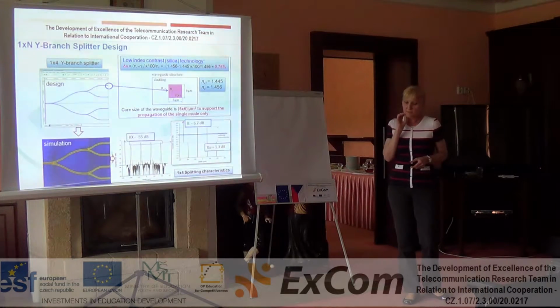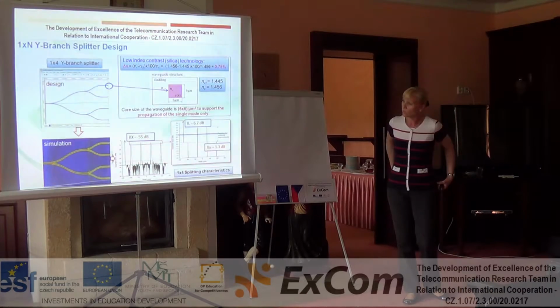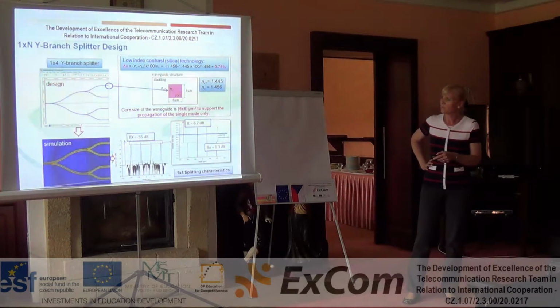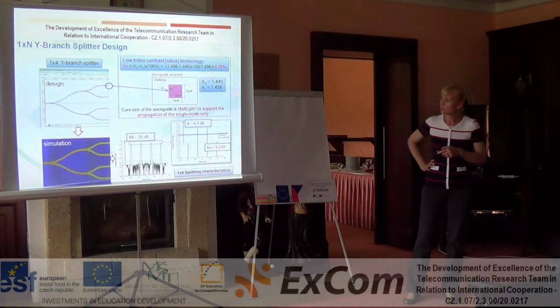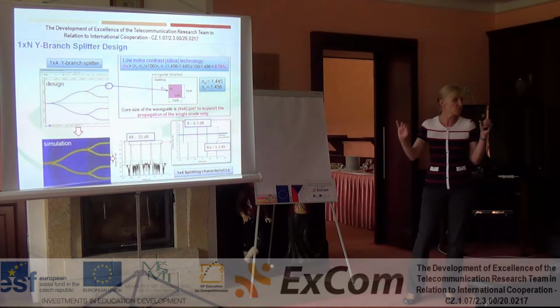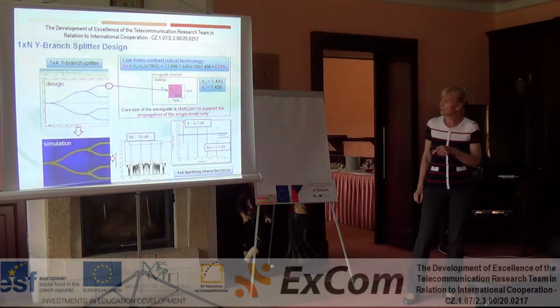On this slide, I would like to show you some first designs we made. This is a simple 1/4 wide branch splitter. As I mentioned, we used the same technology, low index contrast silica technology. So we had a core cross-section of 6 × 6 microns to fit into single mode fibers, and these are refractive index images taken from the foundry.